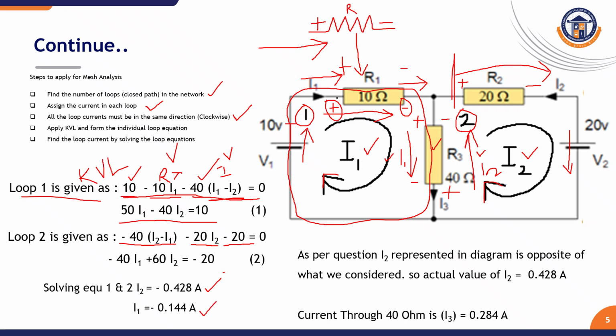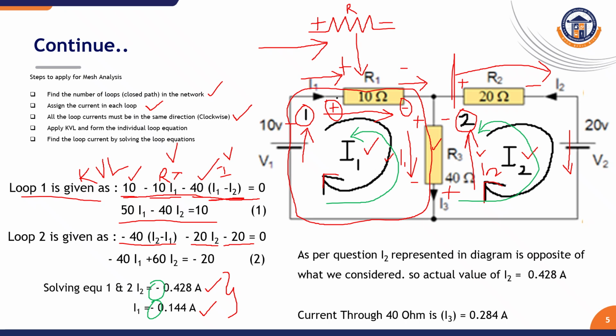This result indicates that the actual direction is opposite to what we assumed. The negative sign indicates that the actual current direction in the circuit is anti-clockwise, and I2 is also anti-clockwise.